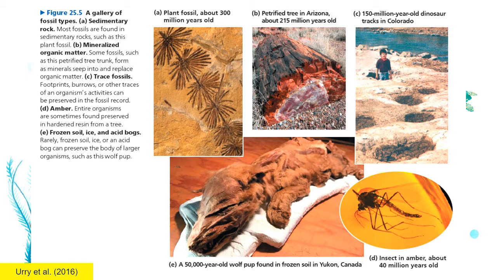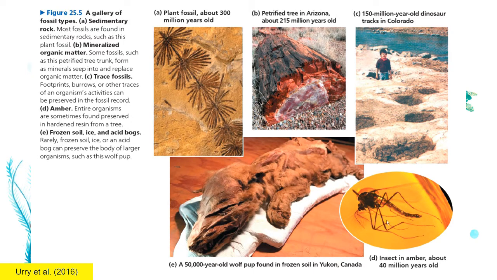Then we also have trace fossils of footprints, burrows, and other traces. As we can see here, 150 million year old dinosaur tracks in Colorado. Imagine how big. We also have amber. These are entire organisms preserved in hardened resin from a primitive tree.